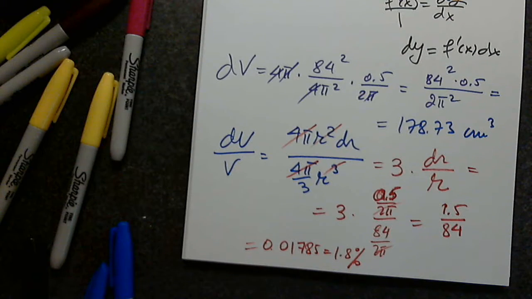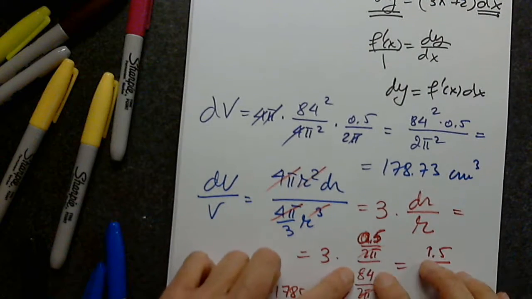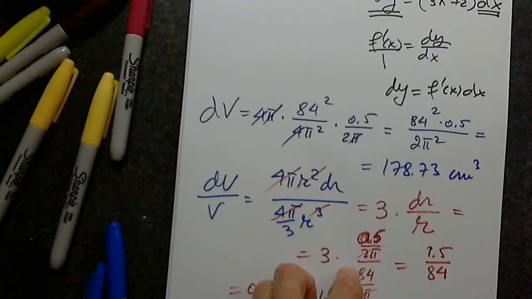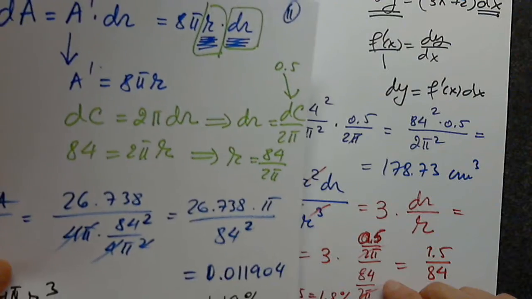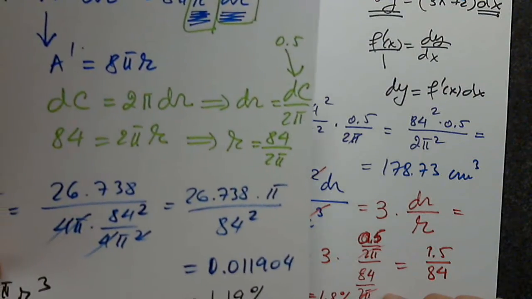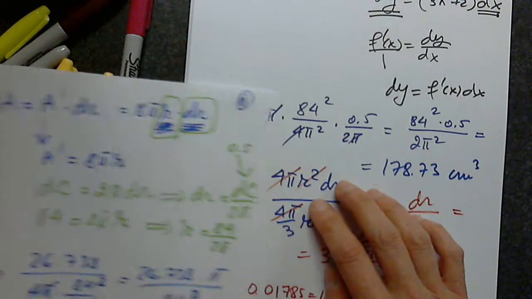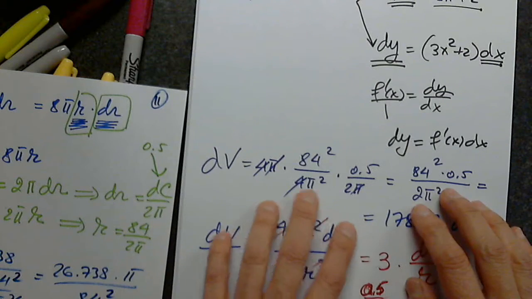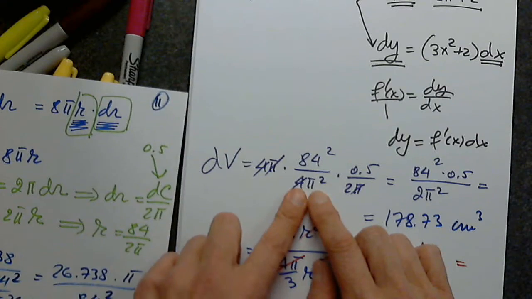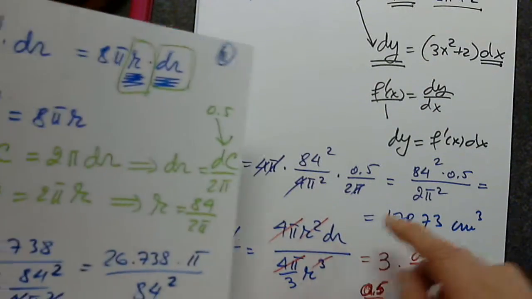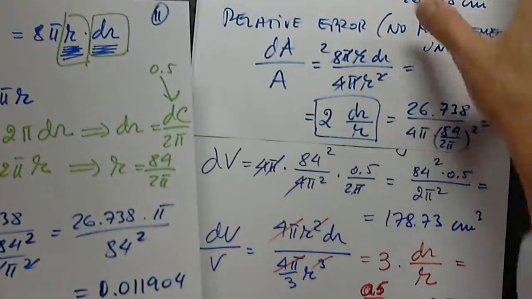Yes. Question. On dV, you have 84 squared over 4 pi squared? Yes. So r was 84 over 2 pi. In the blue or purple, I don't know what color it is. Colorblind. I'm sorry, r. Oh, in purple. Okay. Here or here? Yeah, on that one. Yeah, 4 pi squared. Where did that 4 pi squared come from in the denominator? So we had r squared.